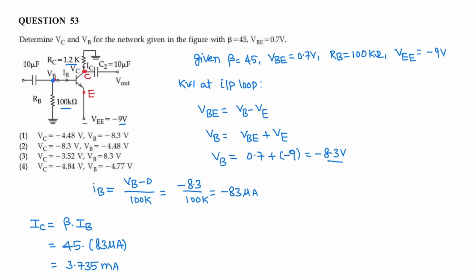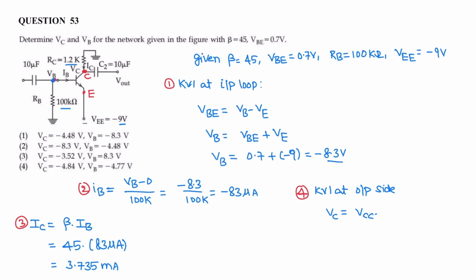Once collector current is obtained, then apply KVL at output side. So this is step 1, step 2, step 3 and step 4. KVL at output side, that is collector side. Collector voltage VC is equal to VCC minus IC RC.